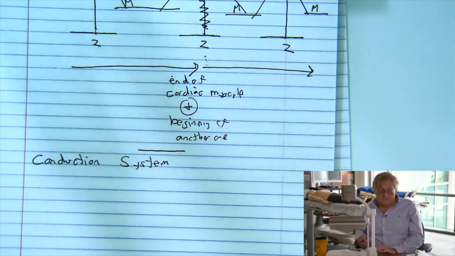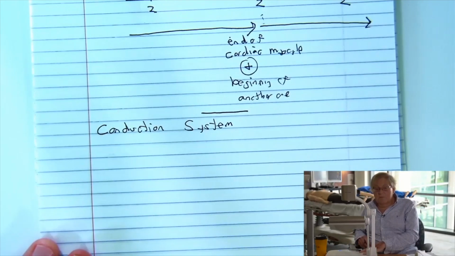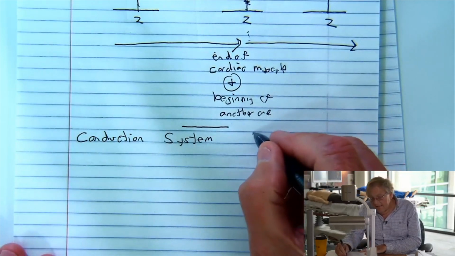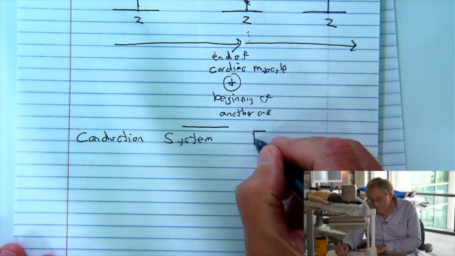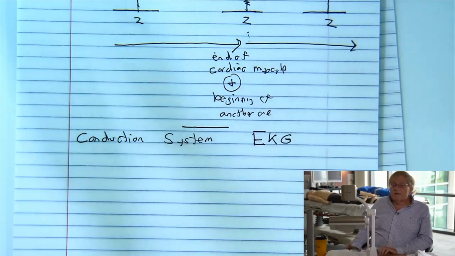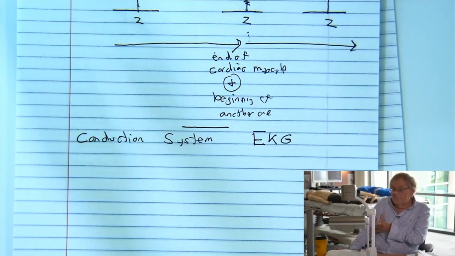And really, to understand that, we want to understand a real basic, what I would call an EKG. So, if you were looking at skeletal muscle, you would do what's called an EMG, electromyogram. I could put some pins in your shoulder into your muscle.